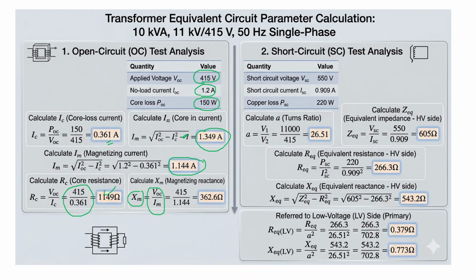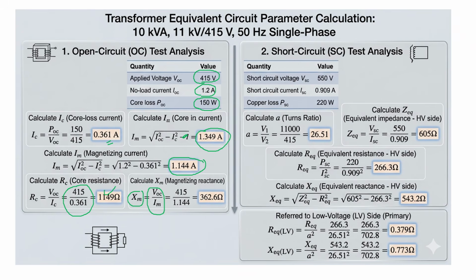Again, from the short circuit test, when short circuits happen, what will be the parameters that can be determined? During short circuit, the core parameters are taken as open circuit, because, as you have seen, the magnitudes of the core resistance and the core reactance are high compared to the short circuit, so we can calculate the winding impedance.